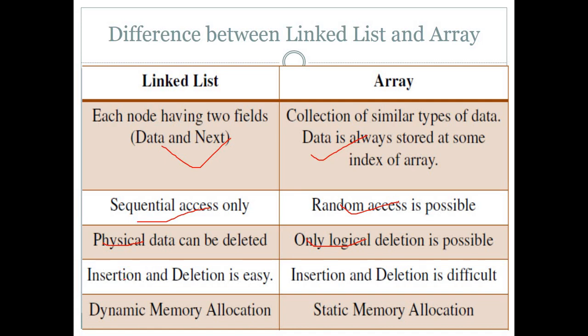In a linked list insertion and deletion are easy, while in an array they are difficult. A linked list uses dynamic memory allocation and an array uses static memory allocation.